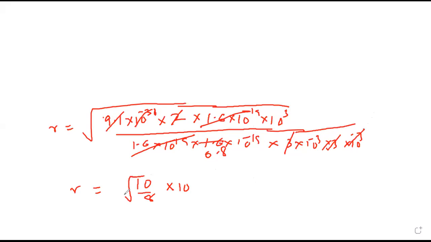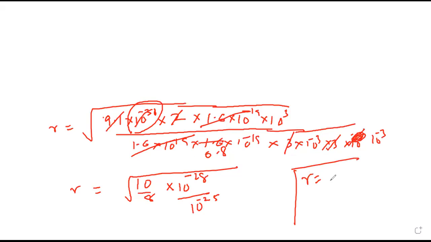This will remain 10 raised to minus 31, so minus 31 plus 3 is minus 28. And the denominator 10 raised to minus 19, minus 3, minus 6, minus 25.